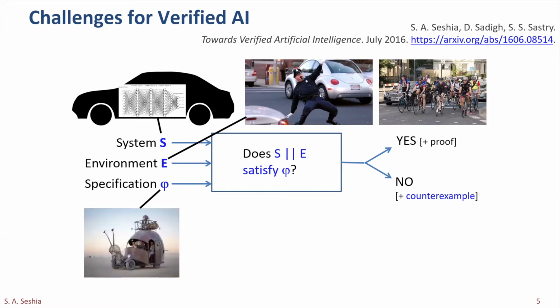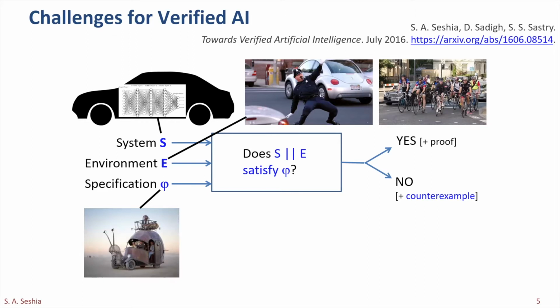And then finally, the specification itself is a tricky question, because many of the uses of AI and ML are for tasks like perception, which are not easily formally specified. For example, is this the image of a car? Well, it's hard to define what exactly an image of a car is, right?